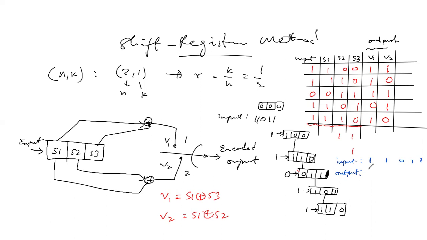When 1 is transmitted, the output is 1 1, when the next one is transmitted 1 0, and the next is 1 1, the next is 0 1, and the next is 1 0. Okay, so we are going to validate this using the state diagram approach.